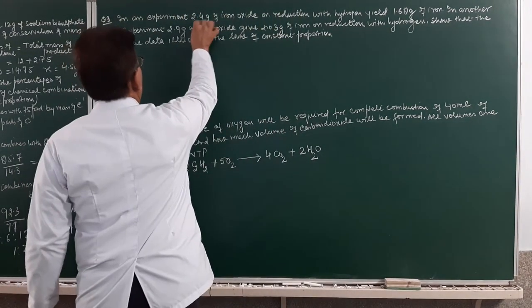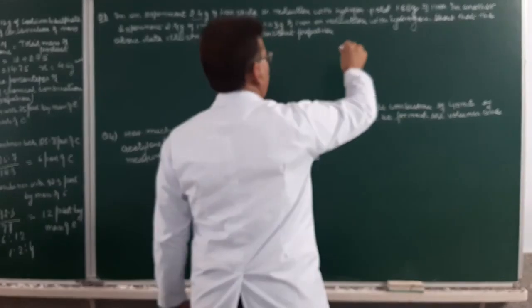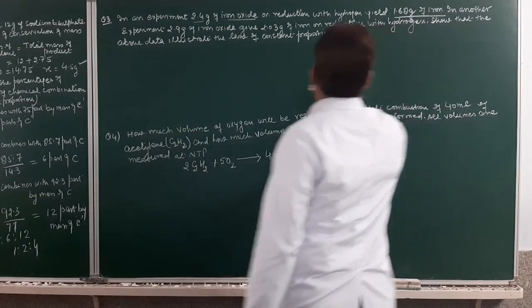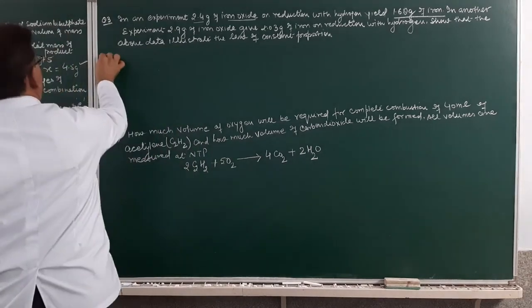In an experiment, 2.4 gram of iron oxide on reduction with hydrogen gives 1.68 gram of iron. And in another experiment, let me solve it.